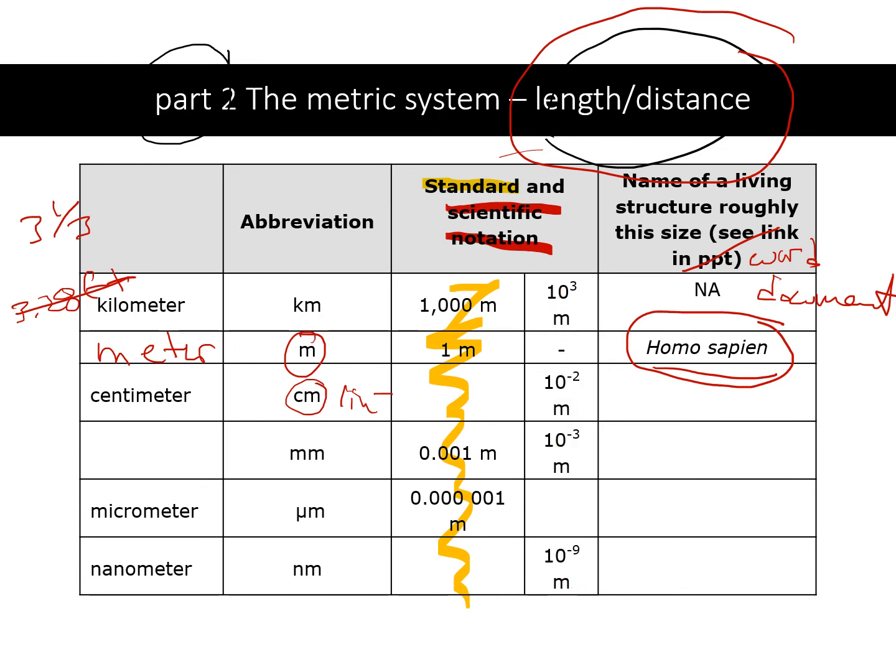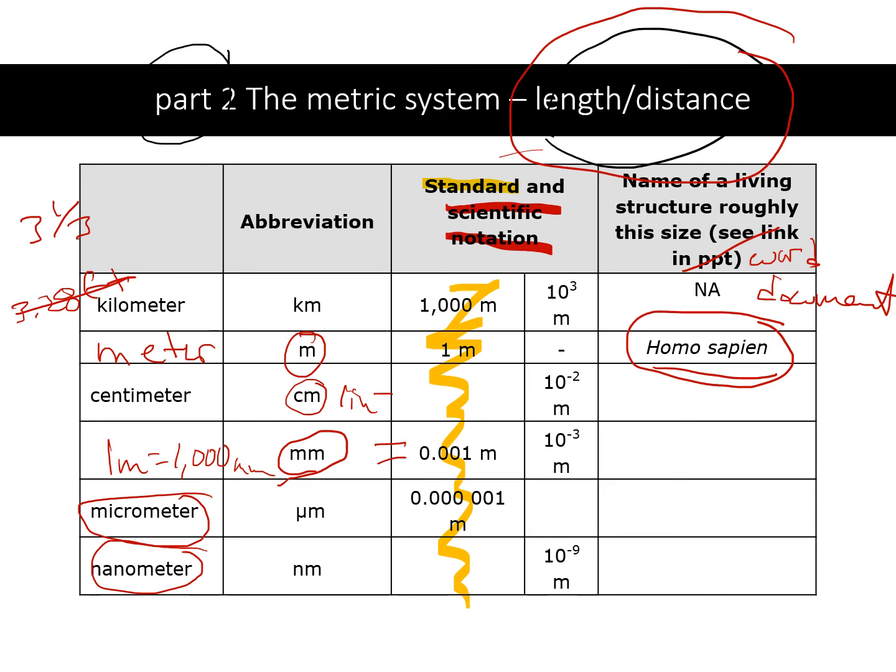So a millimeter, I've already told you that 1 meter equals 1,000 millimeters. So 1 millimeter equals 0.001 meter, or a millimeter is 1,000th of a meter. What we're doing here is I'm asking that you know how each of these units, here's a micrometer, there's a nanometer, how they relate to a meter.